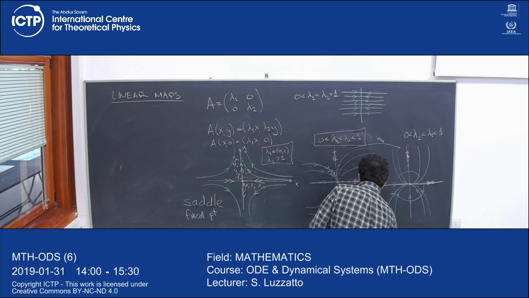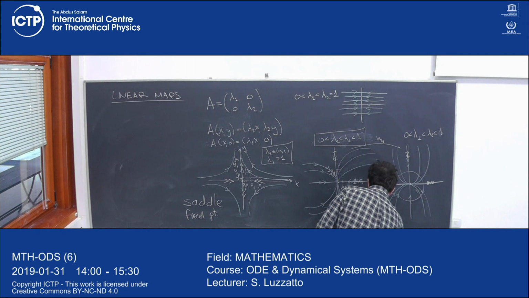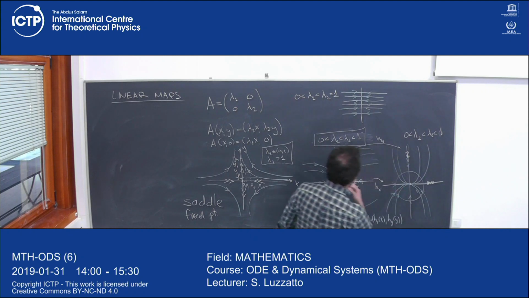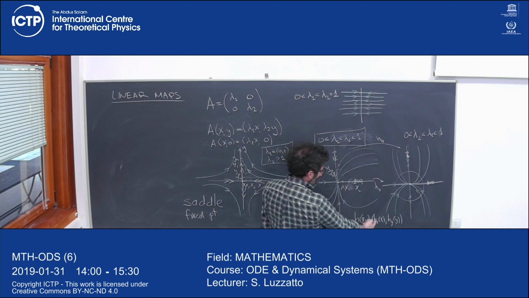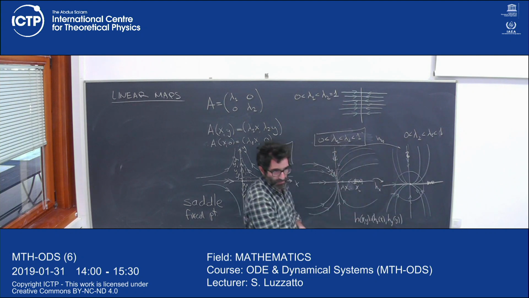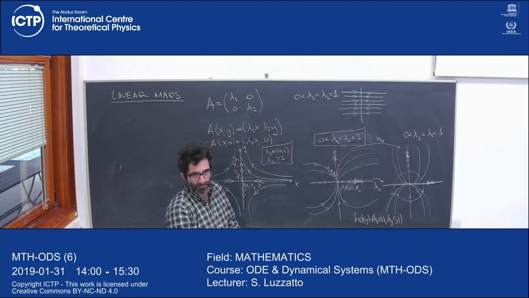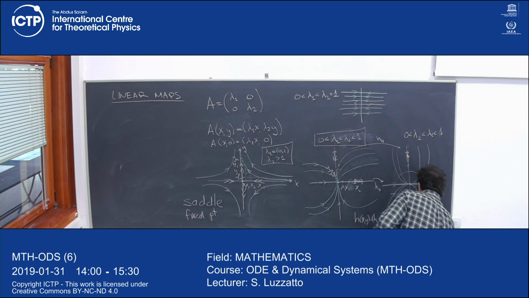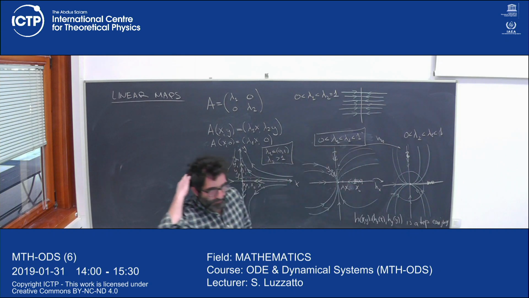You can check that h of (x,y) equals (h_x of x, h_y of y). So you construct a homeomorphism between the two, whose two components are just given by this. And that gives a homeomorphism and a conjugacy. Okay, check. h is a topological conjugacy.